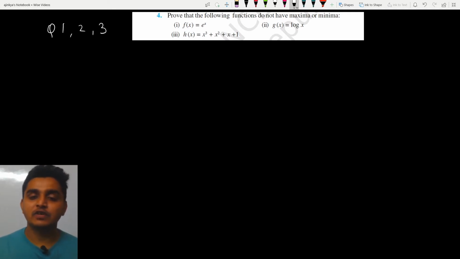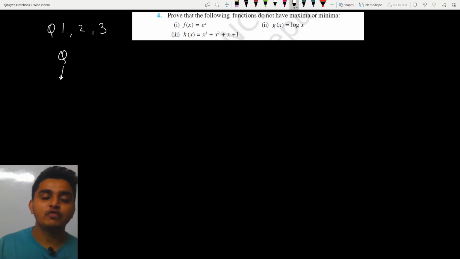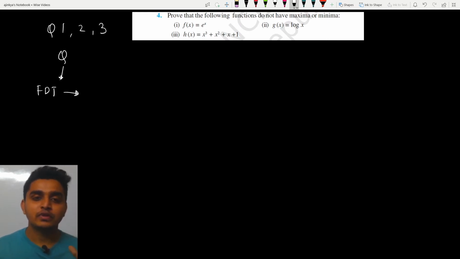In the first, second and third questions, we went through a process. The process was to find the first derivative test, then find the 2 turning points, 2 or 3 whatever it is, and then go on to the second derivative test.